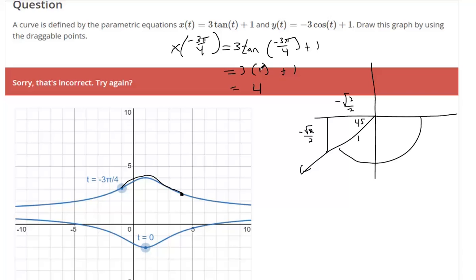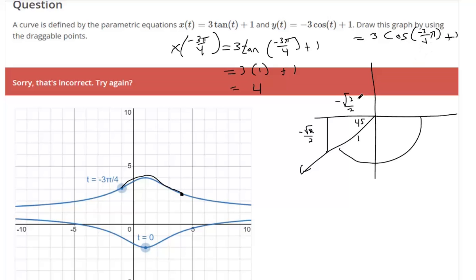Okay, so we need to plug in negative 3 pi over 4 for y, I guess. That's probably going to confirm something like 2.7-ish. If you plug negative 3 pi over 4 into the equation for y, we've already got that angle drawn, right?